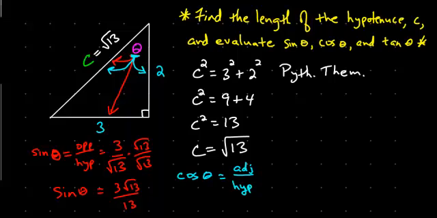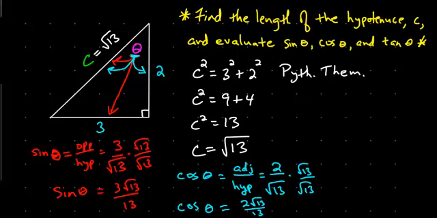So 2 over square root of 13. And so we get that cosine theta equals, again multiplying by root 13 over root 13, which is the same as multiplying by 1, you haven't changed anything, but we've got the radical out of the denominator, 2 root 13 over 13.